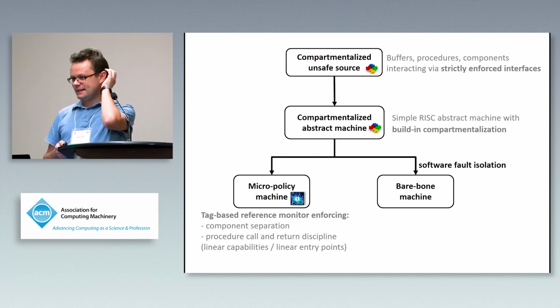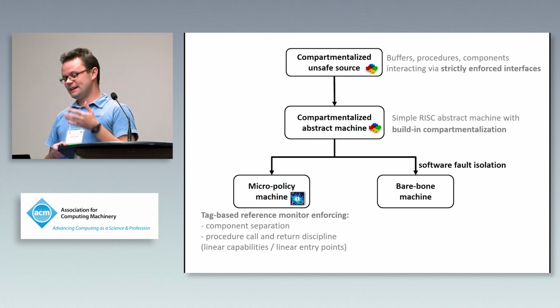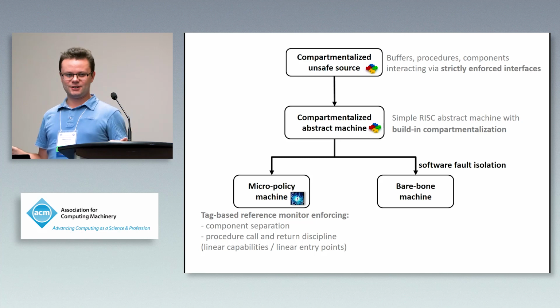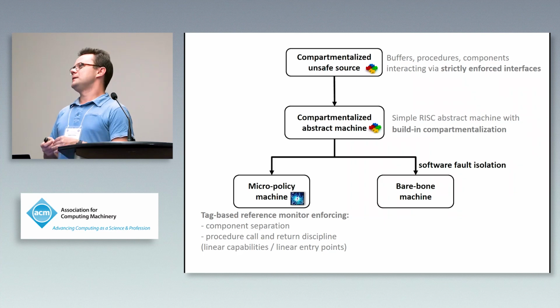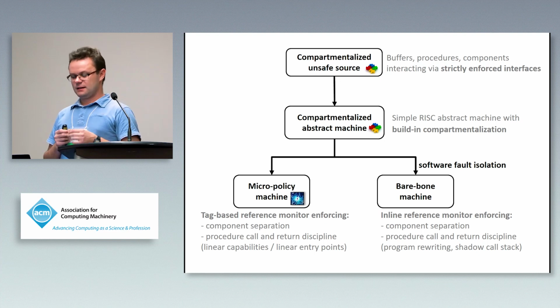We use linear capabilities for that. And then the other backend is complete software, no special hardware. It's a bare-bone machine without any protection whatsoever. And we rewrite the code of the components, and we add a shadow stack in a kind of vanilla software fault isolation style, and we obtain the same kind of guarantees.